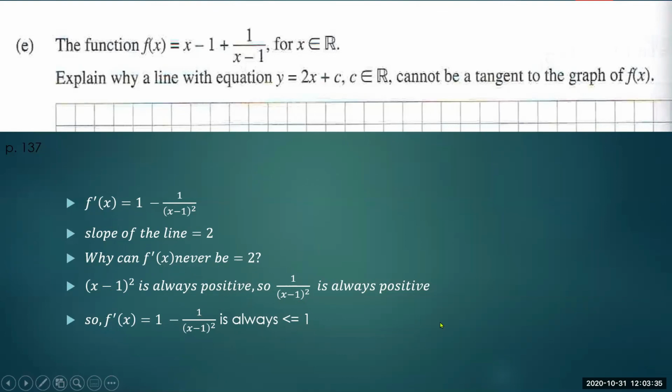Because the slope of the curve is always less than or equal to 1, and the slope of the line is 2, the line cannot be a tangent anywhere to that particular function. And that concludes that. That's basically the answer.